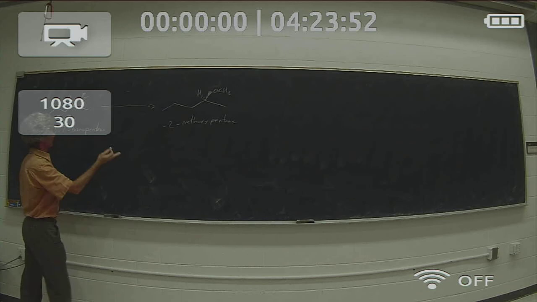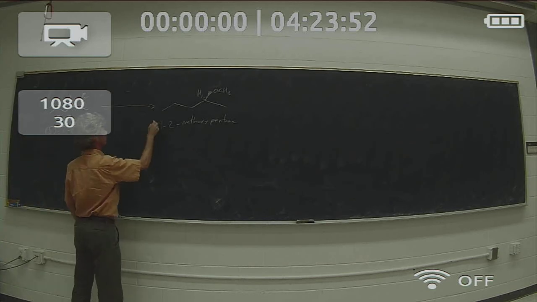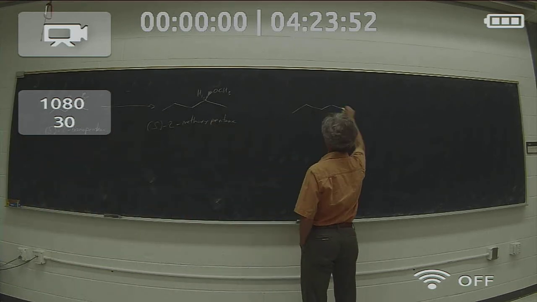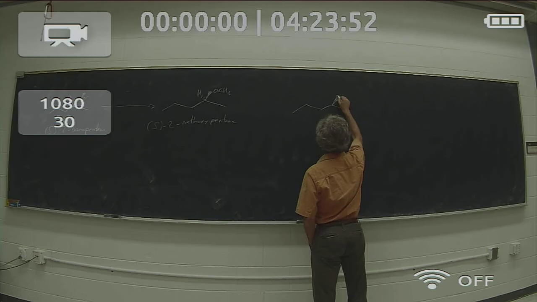And we could think in terms of making the pure S isomer, but we could also think in terms of making the pure R isomer.